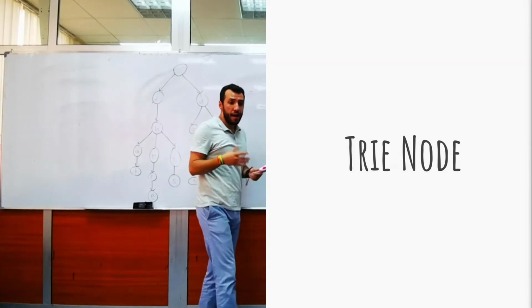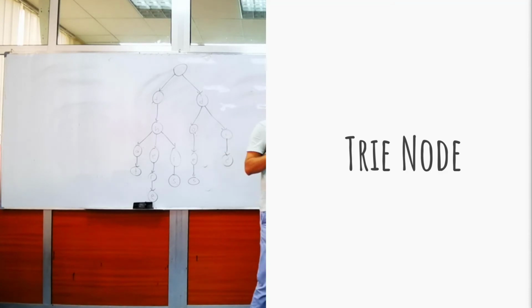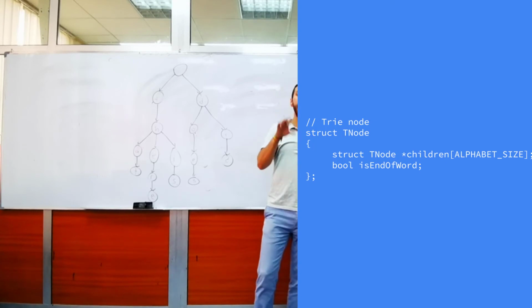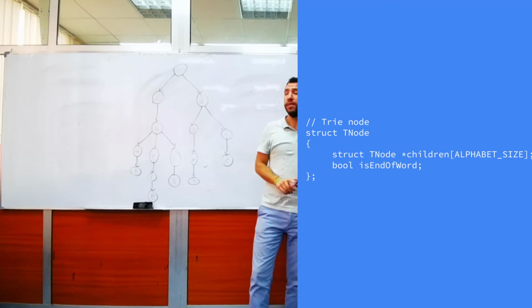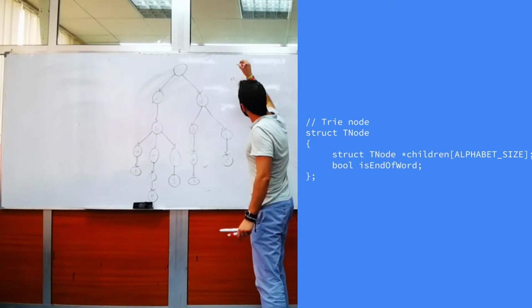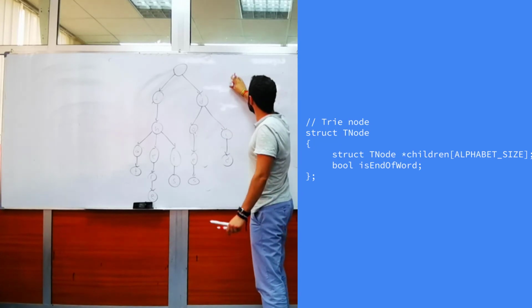As I said, you can indicate end of words in two ways. You can either have a Boolean field in each node to indicate whether that's the end of the word or not. Alternatively, you can think of end of word as a character. Let's say you indicate end of word with this character, or whatever you want.